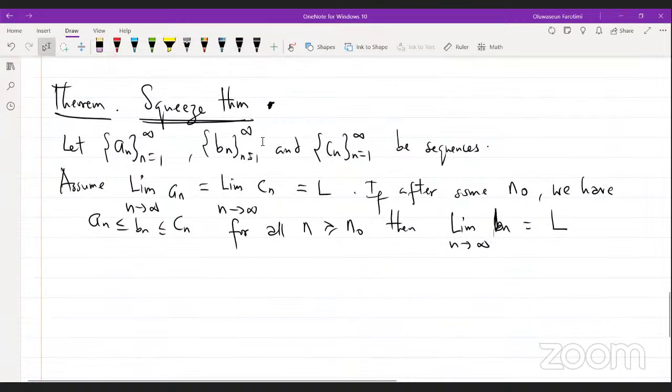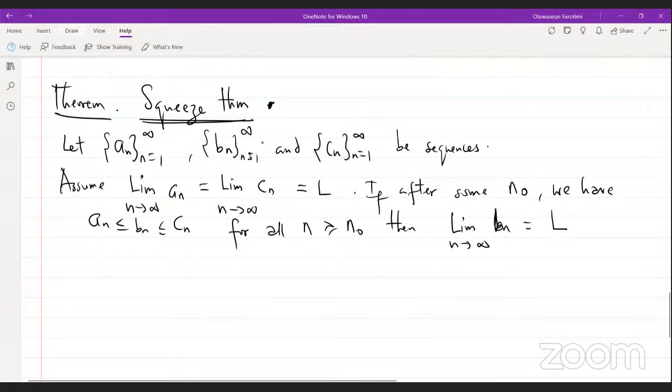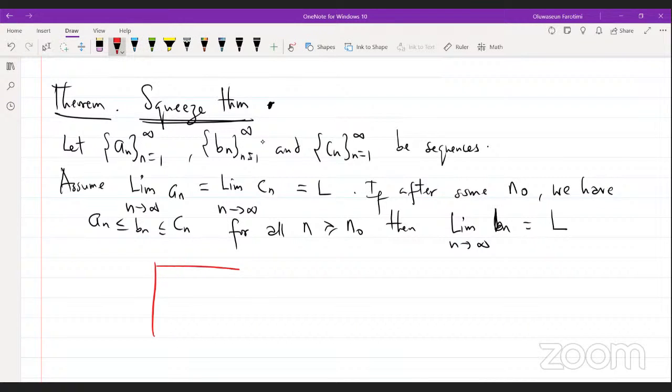Let me explain intuitively what the squeeze theorem does. Look at this red box. I have AN less than or equal to BN less than or equal to CN. These are sequences.